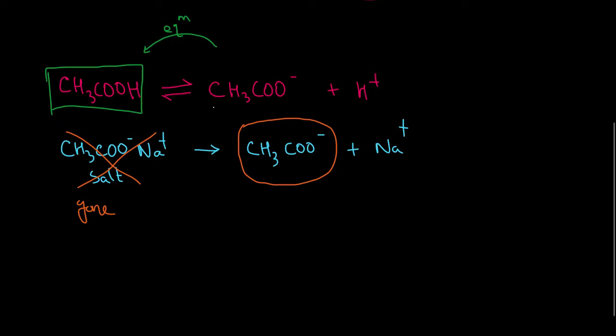As this acid is not dissociating as much, that is a very crucial point here. So now we have a huge amount of this guy and this guy. These two are abundant in the beaker, in the solution, right?